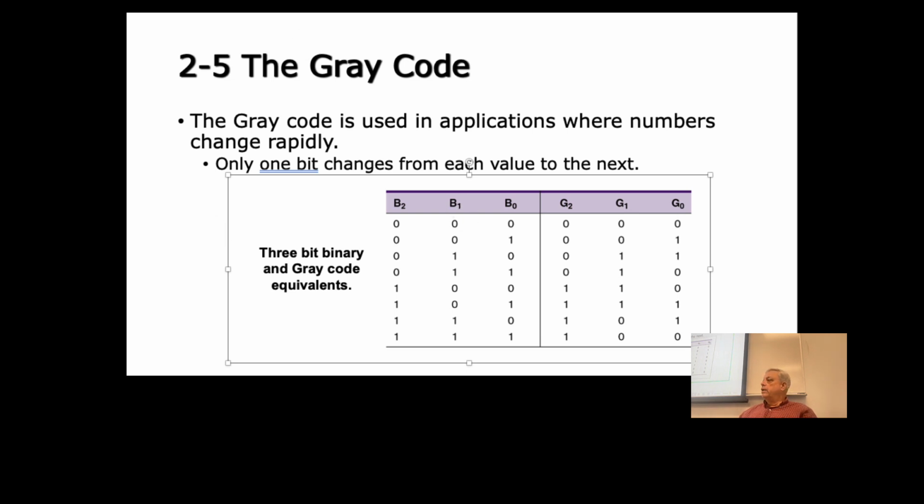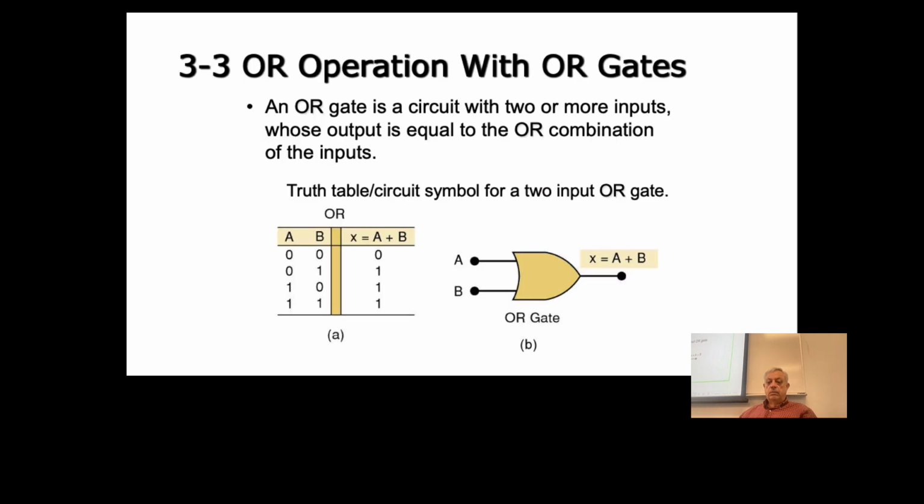So we learned how to count again. Then we went in and started looking at gates. First one we looked at was an OR gate. OR gate looks kind of curved on the base, comes to a point at the far end with curved lines.